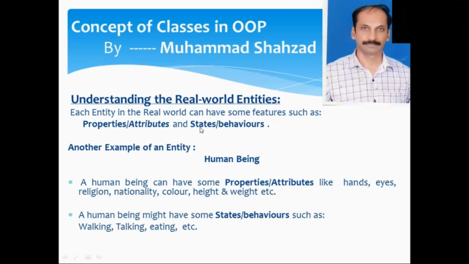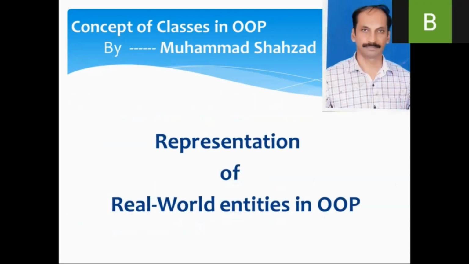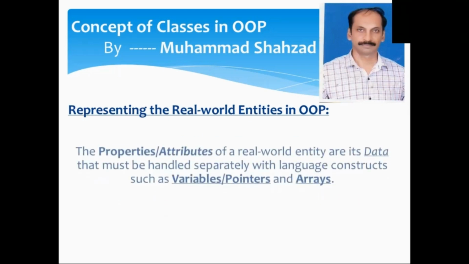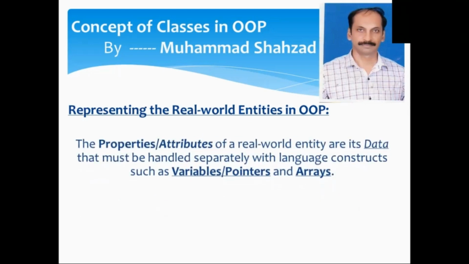Mr. Behzad, right now I'm going to tell you how to represent the real world entities in object oriented programming. My dear, the properties or attributes of a real world entity are actually its data.